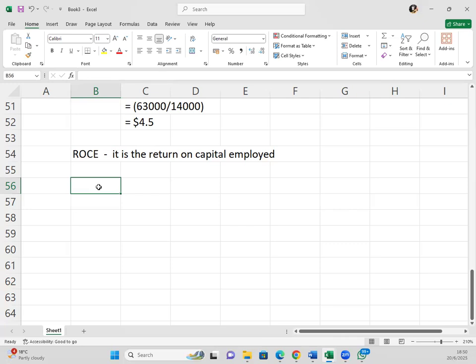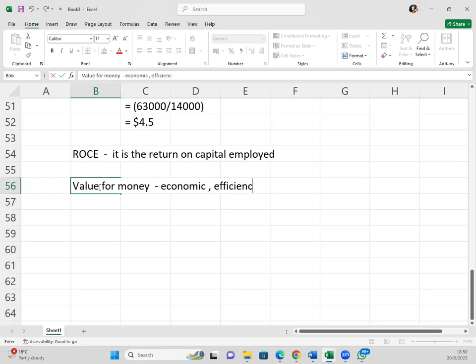Instead, the government is basing on the 3 E's. Their main focus is value for money, which looks at: are we being economic? Are we saving costs? Are we being efficient, which is one of the factors mentioned? They focus on efficiency. They focus on effectiveness.